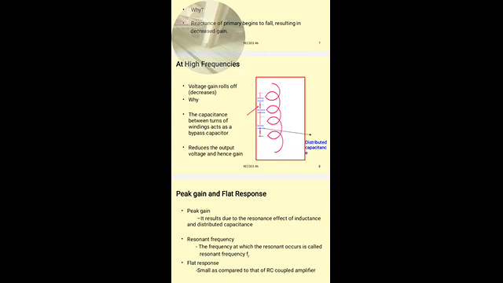In the middle, that is the peak gain and flat response, it is due to the reactance of the inductance and distributed capacitance.